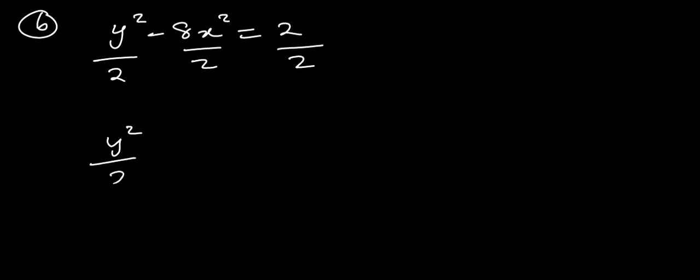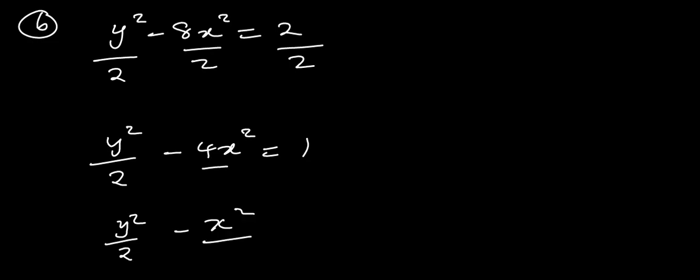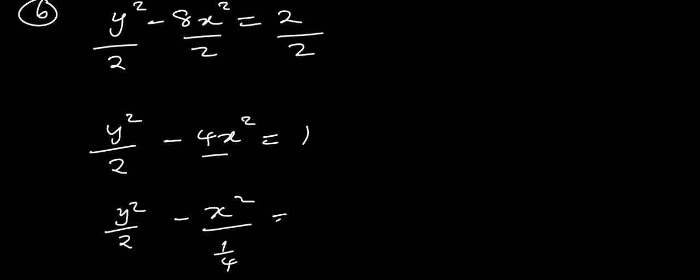So y squared over 2 minus 4x squared is equal to 1. Then I'll divide both sides by the coefficient. So that's going to be y squared over 2, then minus x squared over 1 over 4, and this is equal to 1.